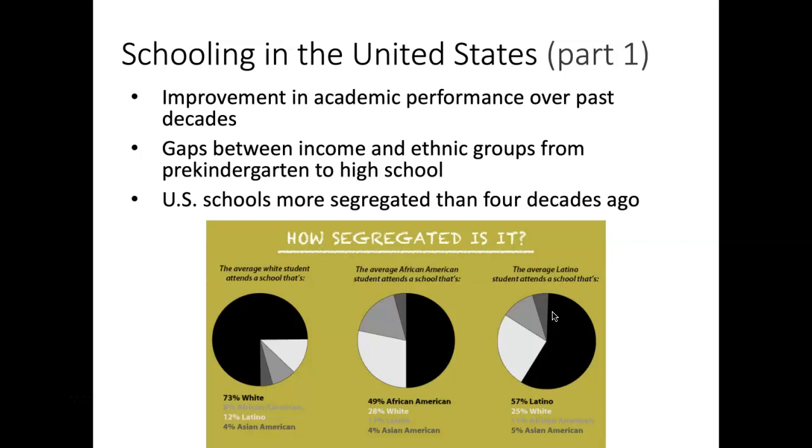The average African American student attends a school that's 49% African American. The average Latinx student attends a school that's 57% Latinx. These schools are still highly segregated, which impacts the funding of the schools, impacts the support the schools receive, and can impact the education the children are receiving as well.